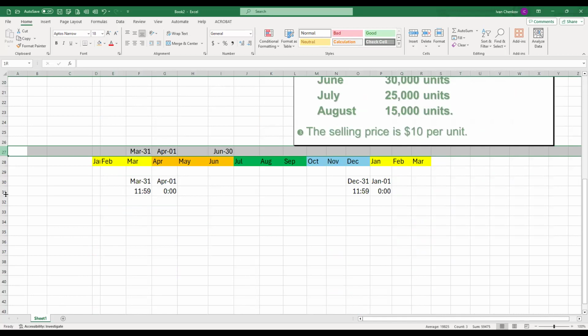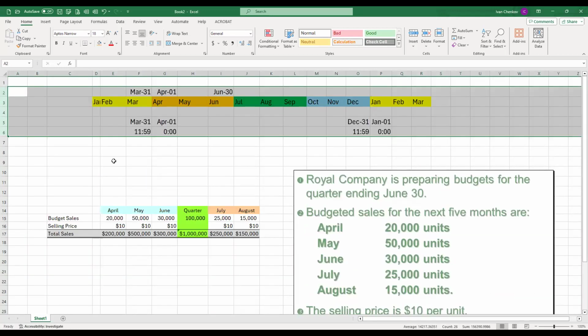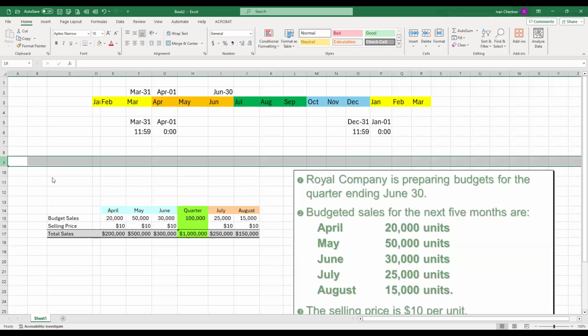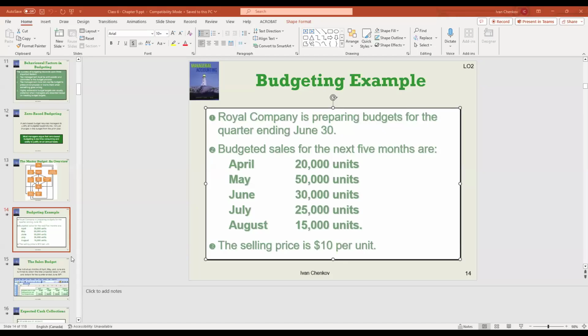So let's get this one. Let's move this one here on the top because we don't want it that low. And let's see what else is happening in our case. So once we do the sales, let's move to the slides and see what the slide is going to give us. Those are our sales.